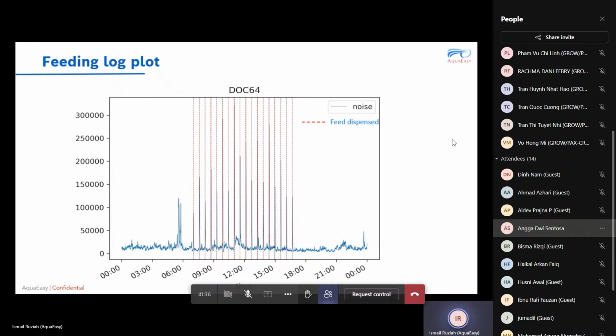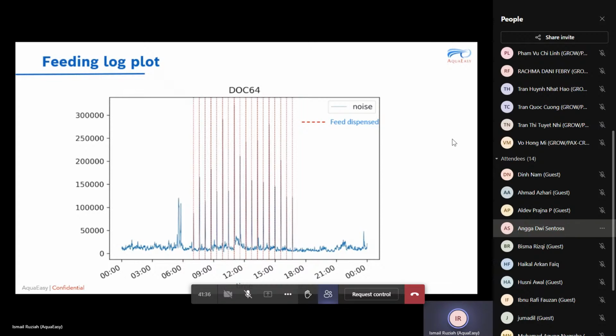You can see there are more red lines; we are giving more feed. Towards the afternoon, the feeding response goes down because the shrimp are more full, so they eat less, and the iFeeder system also reduces the feed given. Towards the evening, the shrimp are hungry because they ate less in the afternoon, so there's more response to feed. This is a more common feeding response.